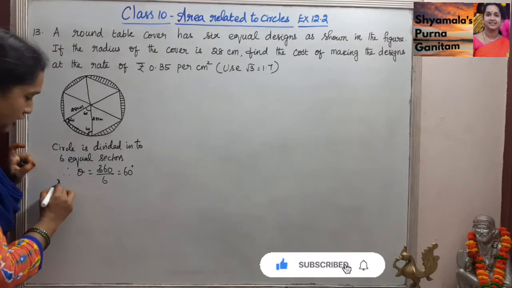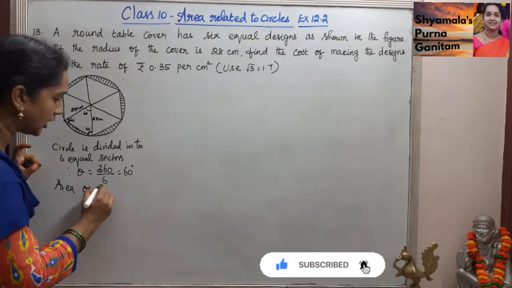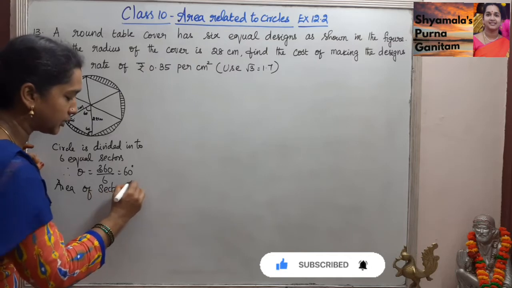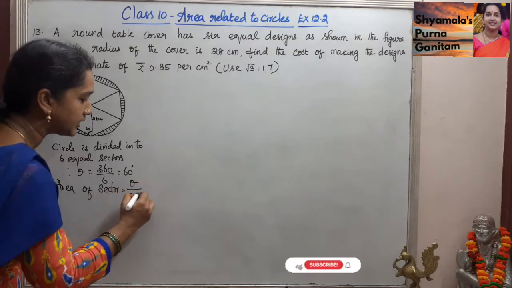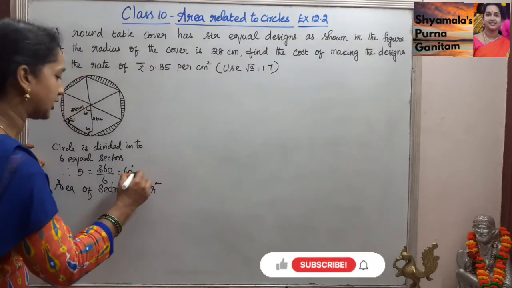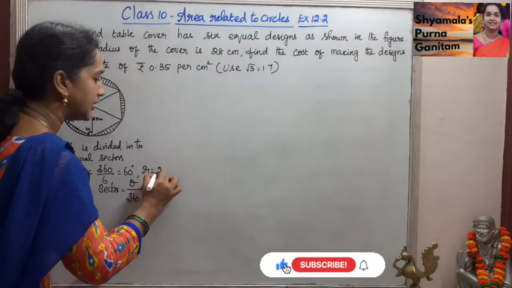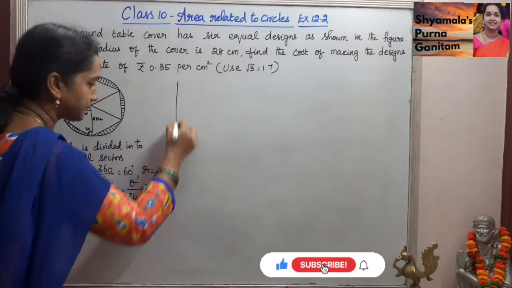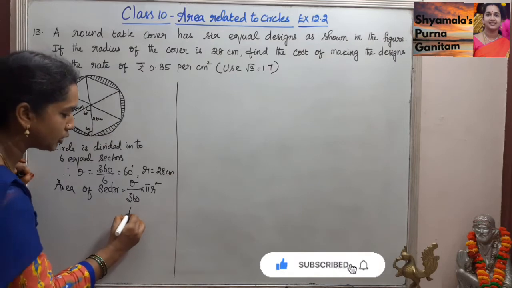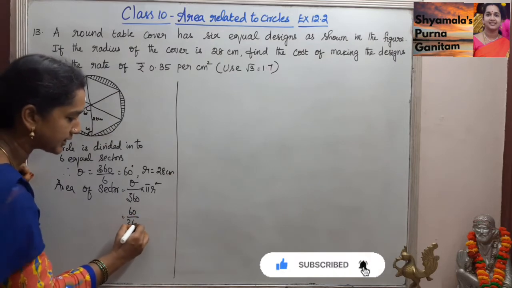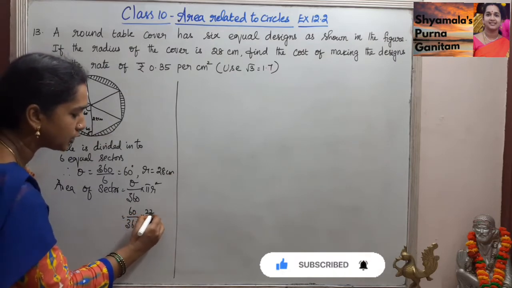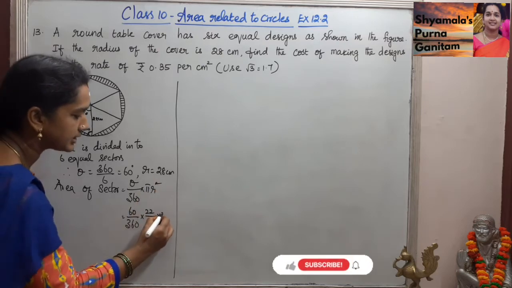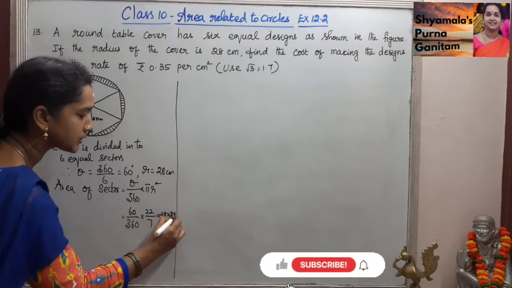Area of sector is equal to theta by 360 into pi r squared. Here we will write the radius also as 28 centimeter. So we will substitute 60 by 360 into 22 by 7 into 28 into 28.